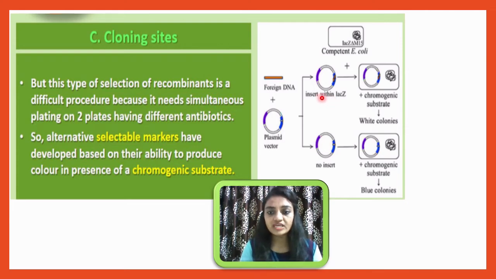If the chromogenic substance results in white colonies, it is the indication that insertion occurred, recombination occurred. And if the chromogenic substrate changes color to blue, it is an indication that recombination did not occur.